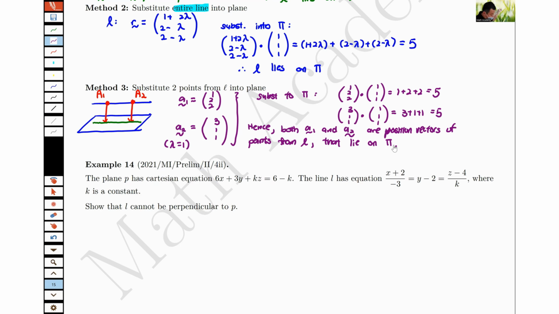Once you get 2 points from L that are on the plane, I conclude that the whole line is on the plane.